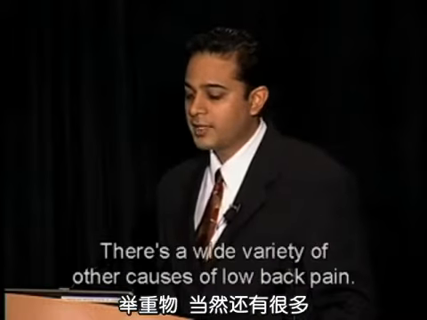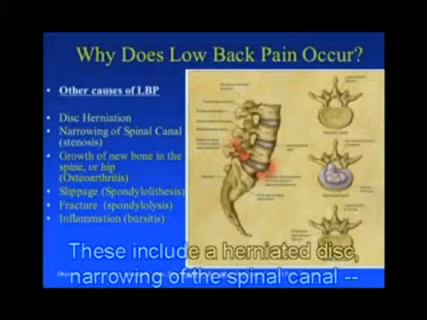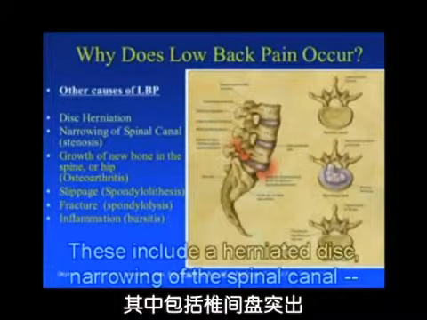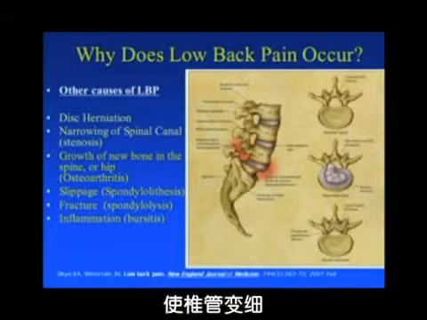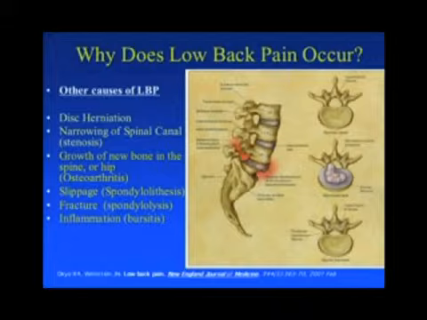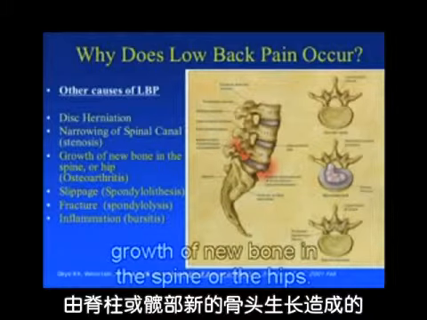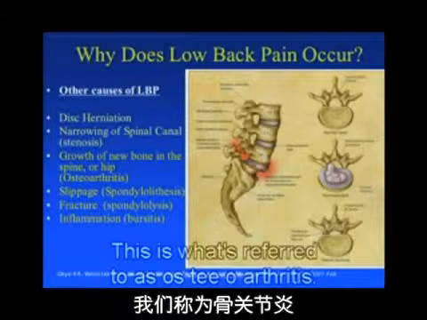There's a wide variety of other causes of low back pain. These include a herniated disc, narrowing of the spinal canal. This is something we refer to as spinal stenosis. Growth of new bone in the spine or the hips. This is what's referred to as osteoarthritis.